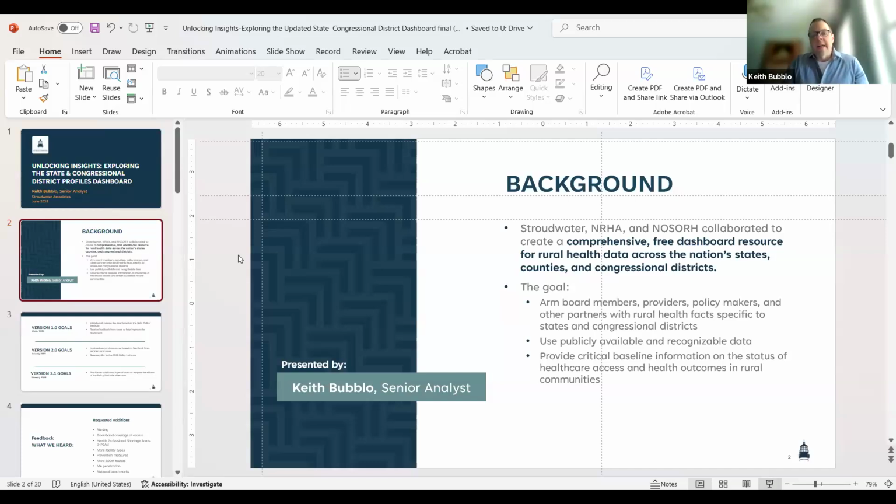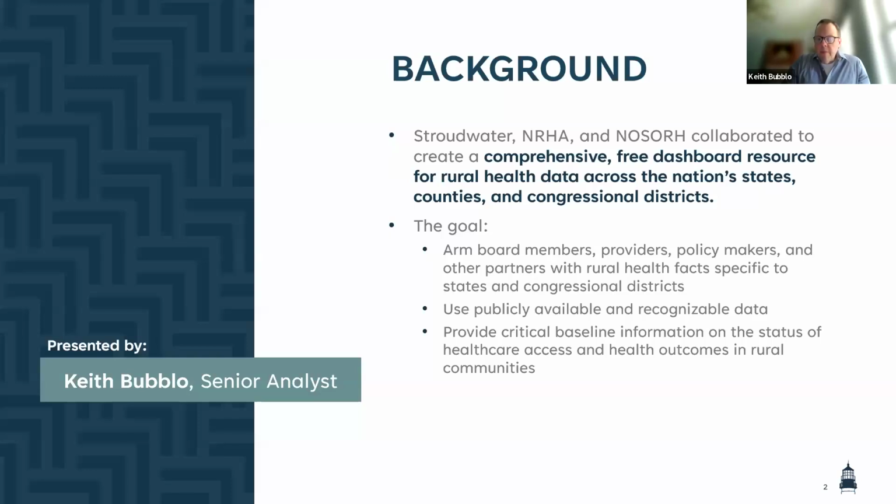So the background for this, as I said, it's a collaboration between NRHA and NOSOR. We wanted to create something that was comprehensive, that was free, importantly, and a resource for rural health data across the states, counties, and congressional districts, specifically looking at rural.